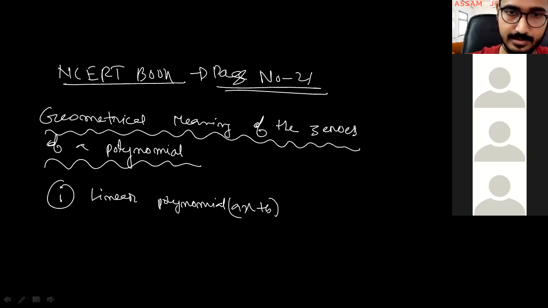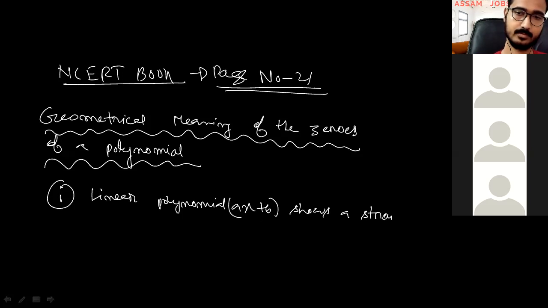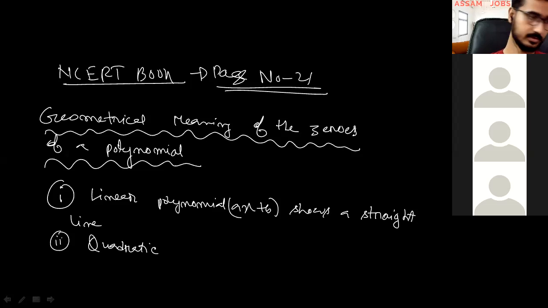When you plot linear polynomial ax plus b in the graph, it will be one straight line. So it shows a straight line. Number 2, write down. I will explain all the points.